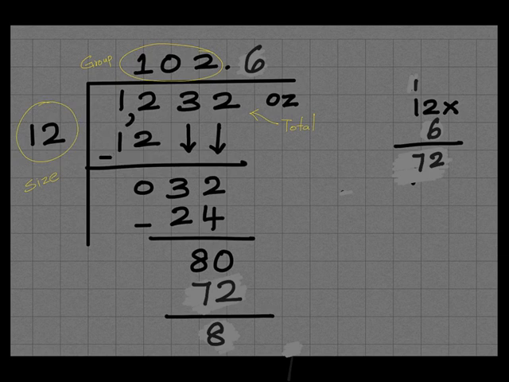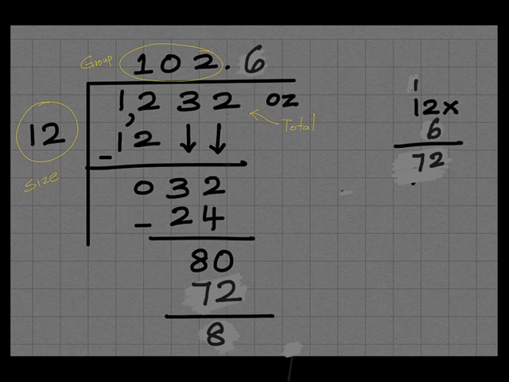Same number minus same number, so 12 minus 12 is 0. Then let us bring the next number 3 down here. 3 is a smaller number, we cannot divide, so let us add a 0 in the quotient. And the next step is we have another number to bring down, so let us bring the 2 down.